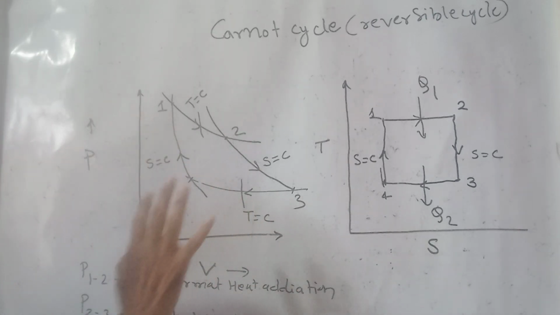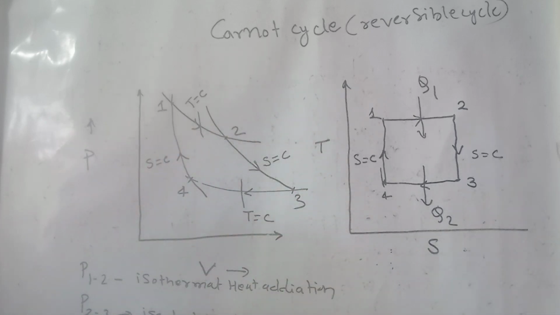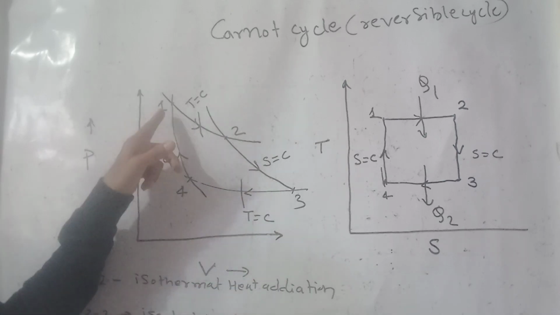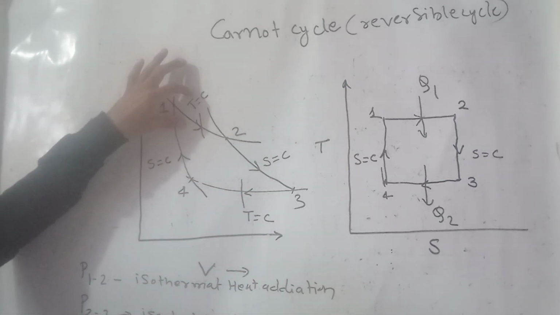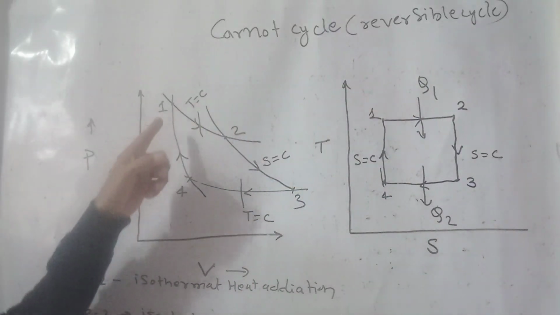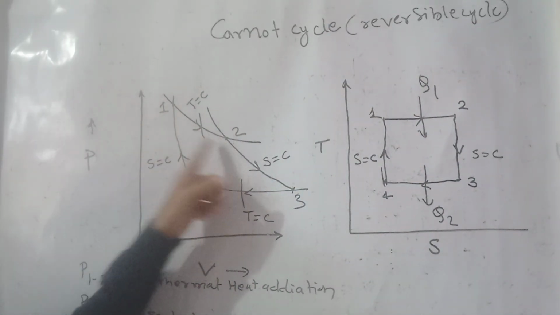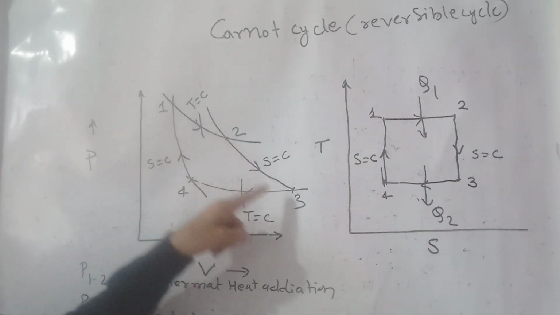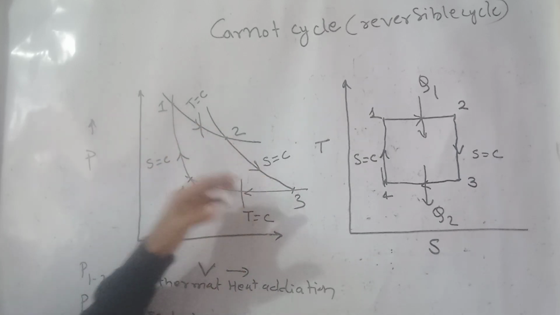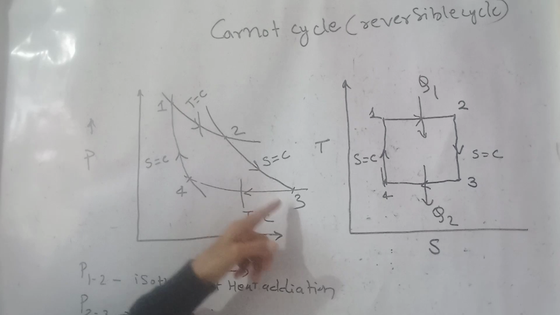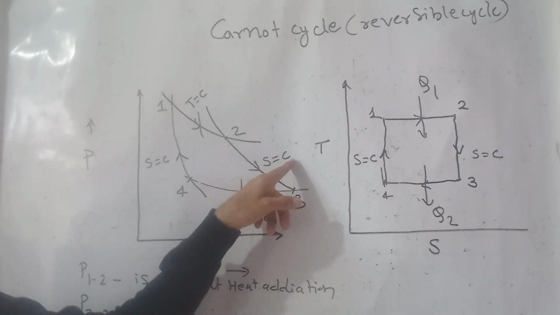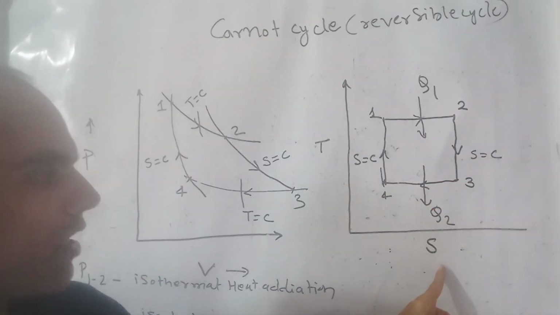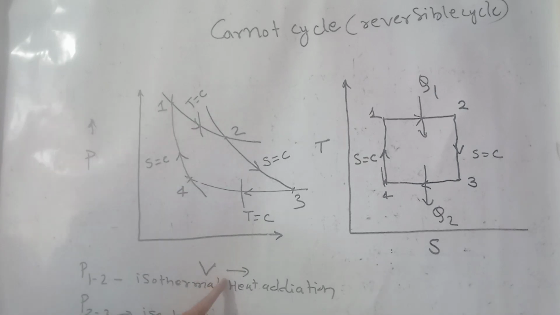Now for the Carnot cycle, I am repeating all these diagrams. The Carnot cycle consists of 4 different processes. Process 1 to 2 is isothermal heat addition, represented by process 1 to 2 in the PV diagram and 1 to 2 in the TS diagram. Process 2 to 3 is an isentropic expansion process, in which entropy remains constant, represented by 2 to 3 in TS and 2 to 3 in PV also.